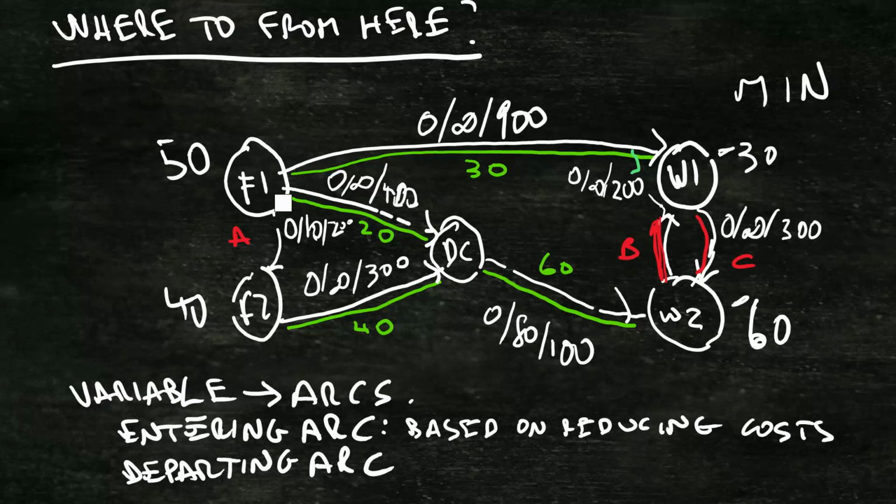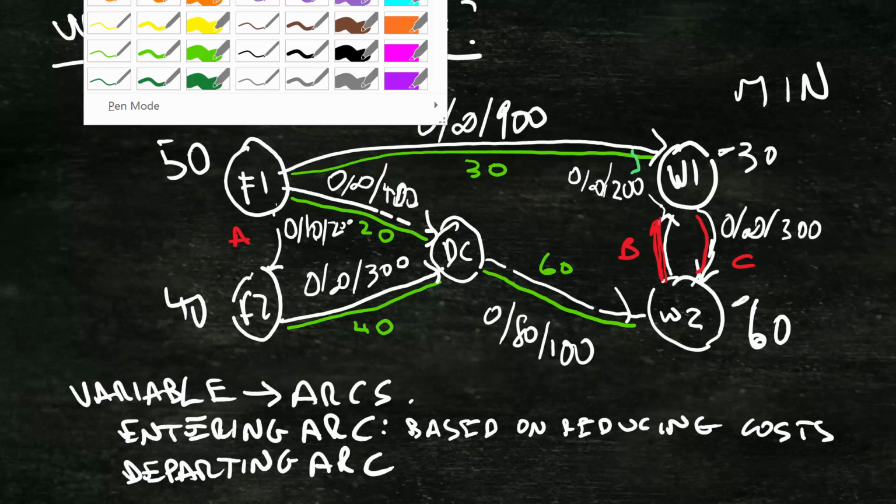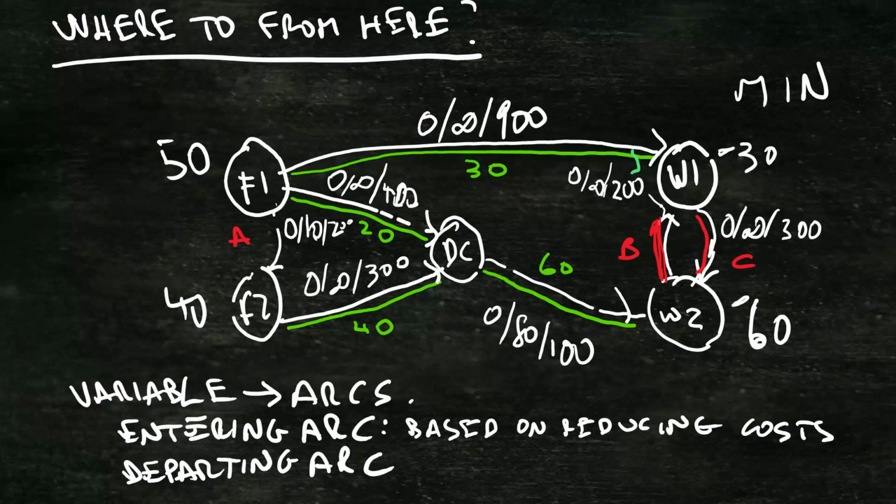So this is now going to change to green, and let's say we're thinking of adding this arc, making that basic. Let's say that for some reason, to be determined later, A is now going to become basic. Look what happens. We have a loop between F1 at the top, F2 at the bottom, and DC in the middle. There's a loop, and that violates the spanning tree.